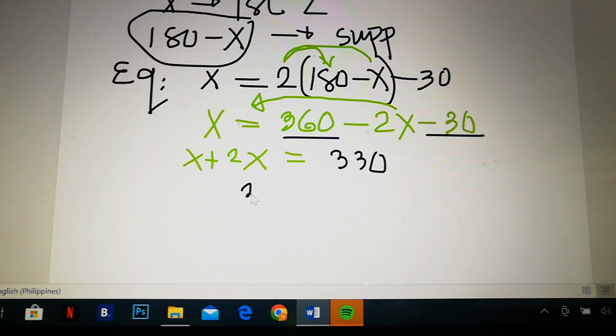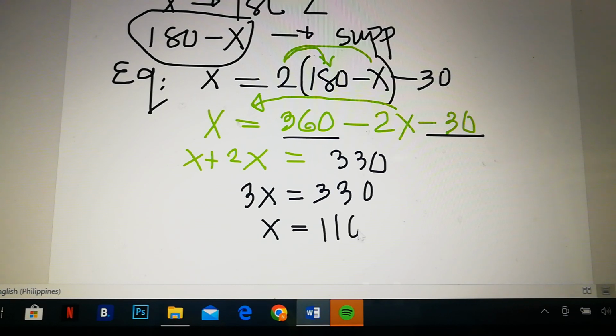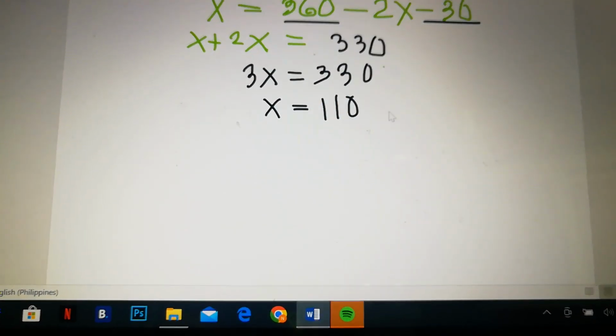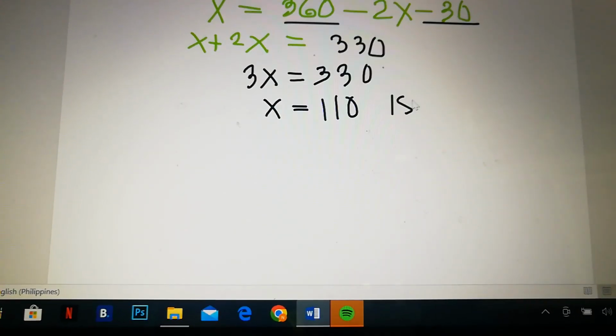So 3x is equal to 330. So what is the first angle? Dividing both sides of the equation by 3, the answer is 110. So this is your first angle.